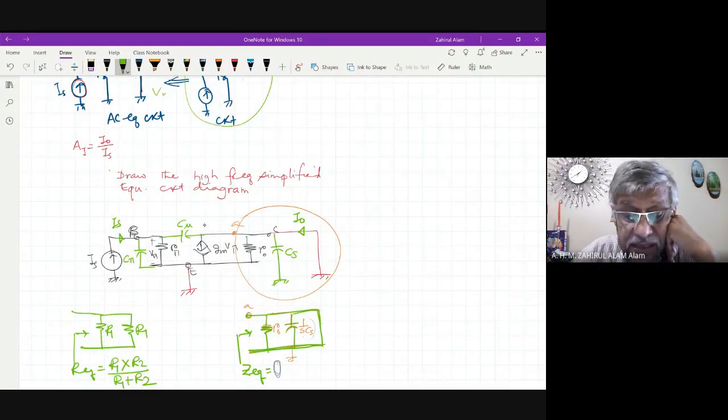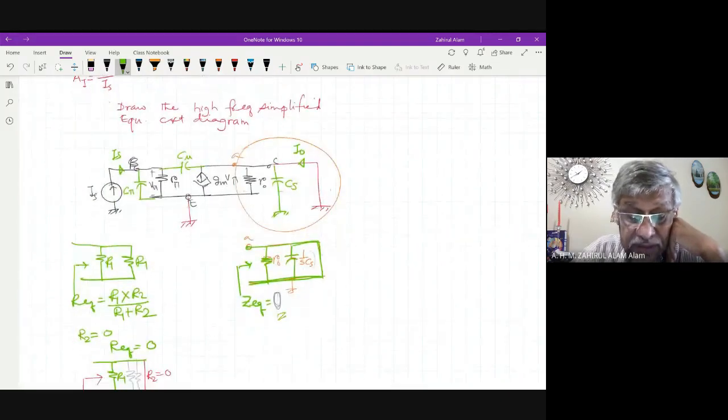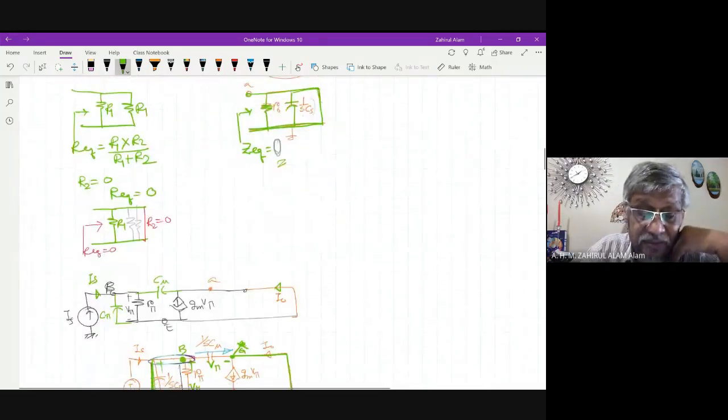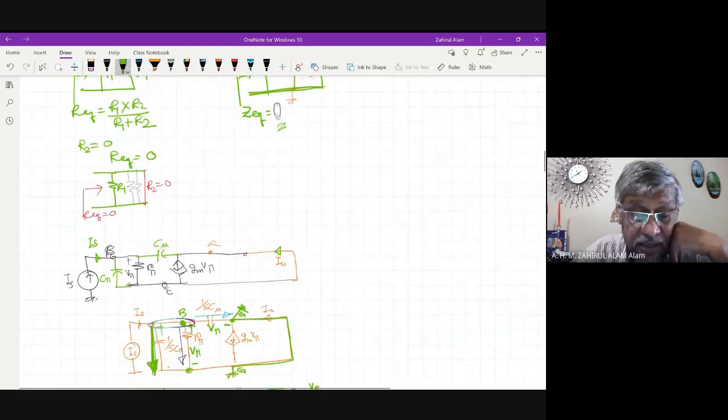Since this resistance, this capacitance, and also in my previous diagram this collector is shorted, these three are shorted, so the equivalent resistance is equal to 0.